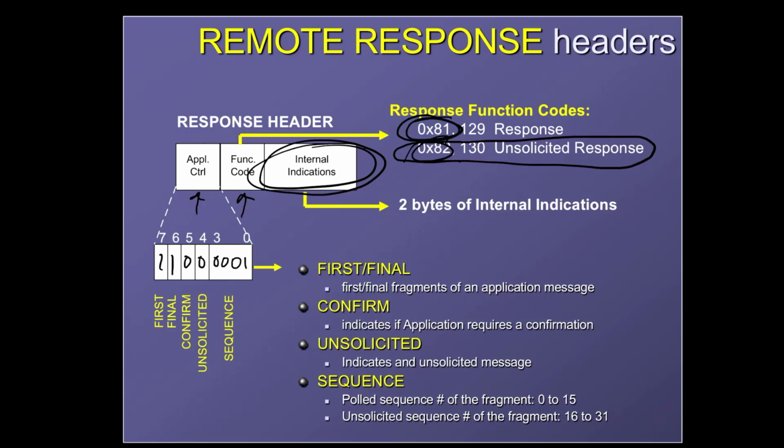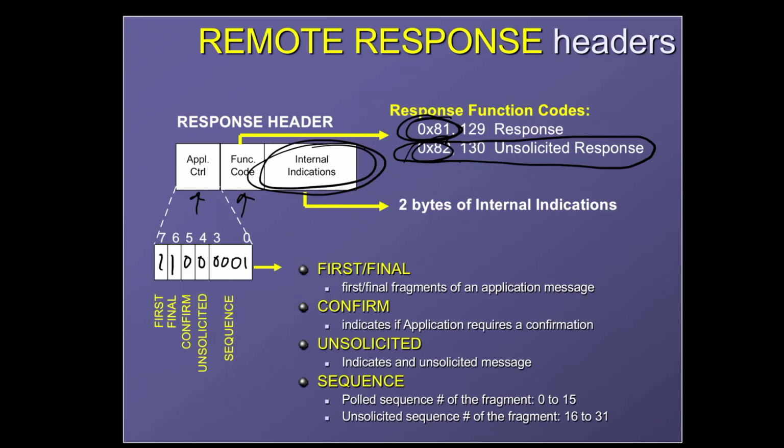And that is simply a function code saying, hey, this is the response to your request. Because remember, function codes are operations, and the server isn't asking the master, not usually anyways, to do an operation. So in this case, it's just saying, hey, here's your response. I'm identifying this as a response in the function code part of the application header.